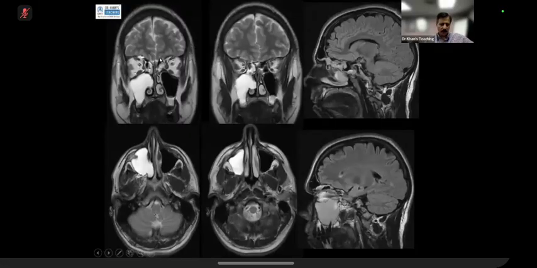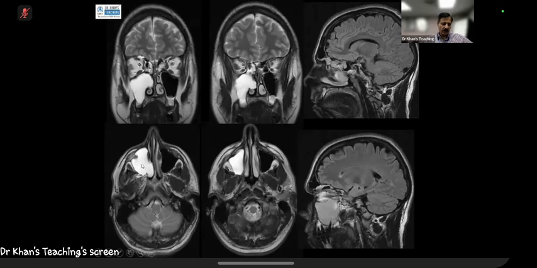So if you see here what is happening, let me go through it. This is an antrochoanal polyp. Basically there is mucosal thickening, and because of hypertrophy, it will pass through the maxillary ostium and enlarge the maxillary ostium.